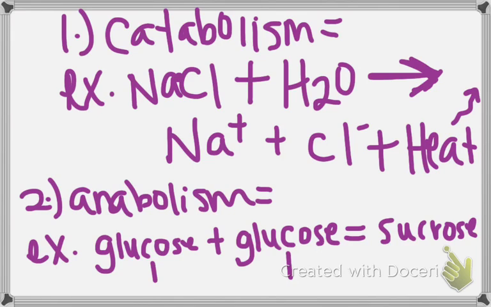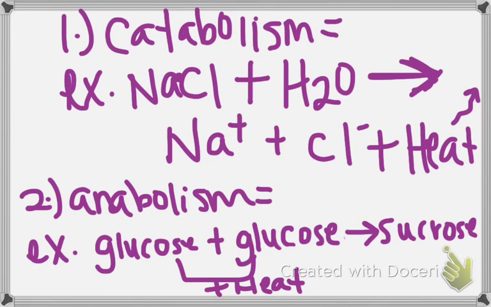Two or more molecules, two or more monomers coming together. So this is building up a reaction. We are building a bigger molecule called sucrose. And we say that this is an endergonic reaction. So please highlight that because it absorbs energy. You have to have heat to add these two things together.